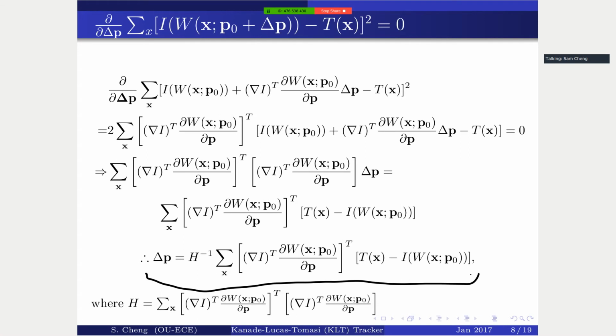Anyway, as I mentioned, delta p is just equal to this guy. I have simplified a little bit, and I call the rather complicated part here h.